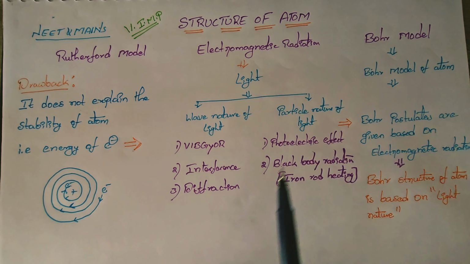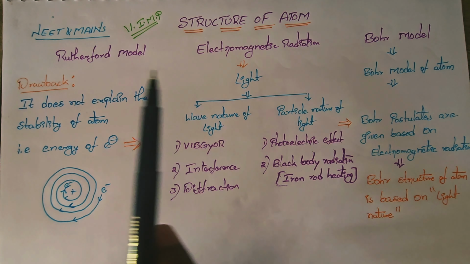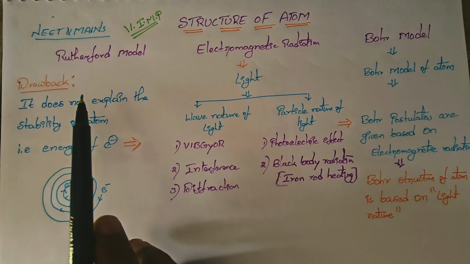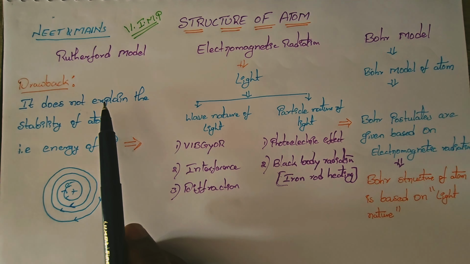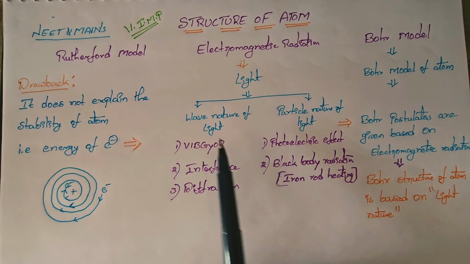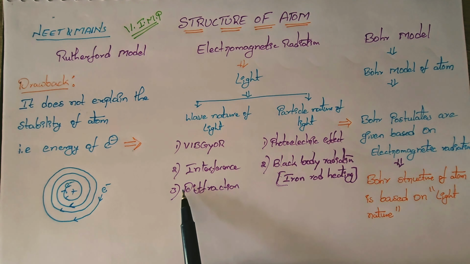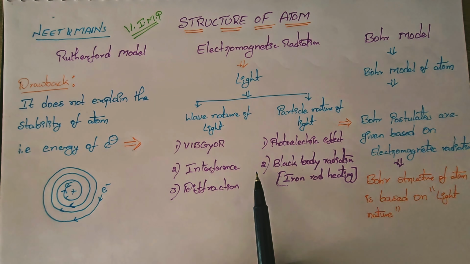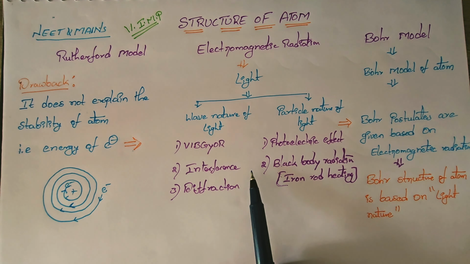So electromagnetic radiation. Before going to electromagnetic radiation, you know that in the structure of atom, different atomic models are there: J.J. Thomson model, Rutherford model. So what is the drawback of the Rutherford model? I am directly going to the drawback, not explaining the Rutherford model.